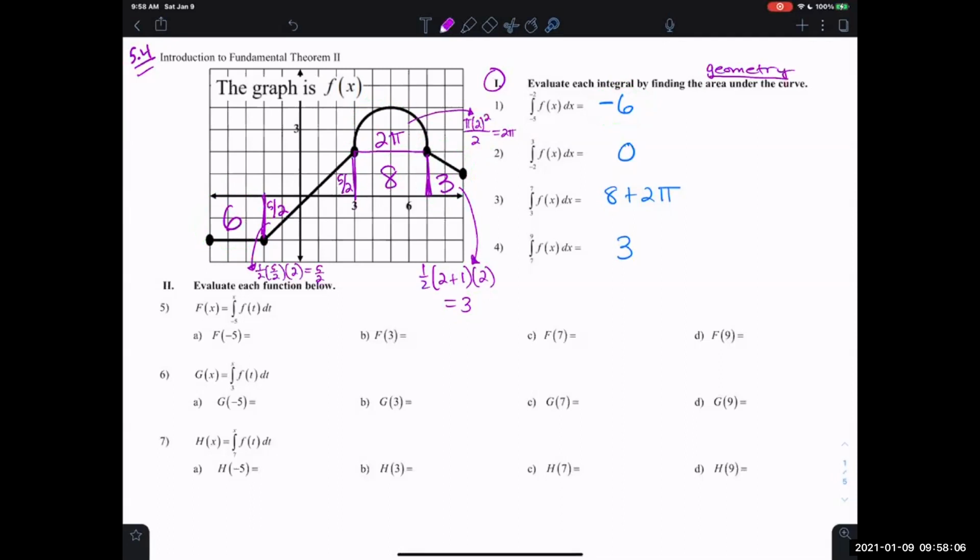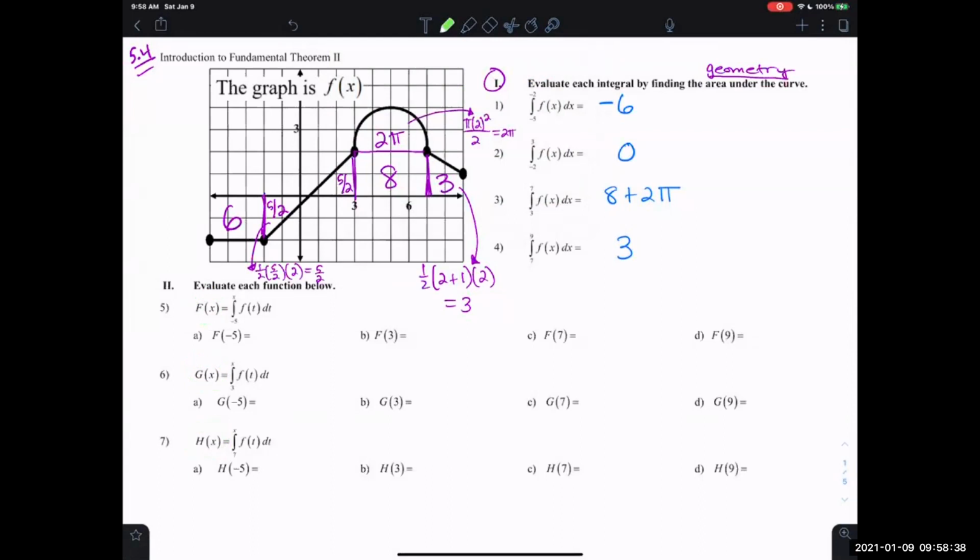So the rest of this page, we are going to explore some ideas with integrals and different function notations. We have 3 different functions going on here: capital F, capital G, capital H. All those are different notations for our antiderivatives that are being noted.